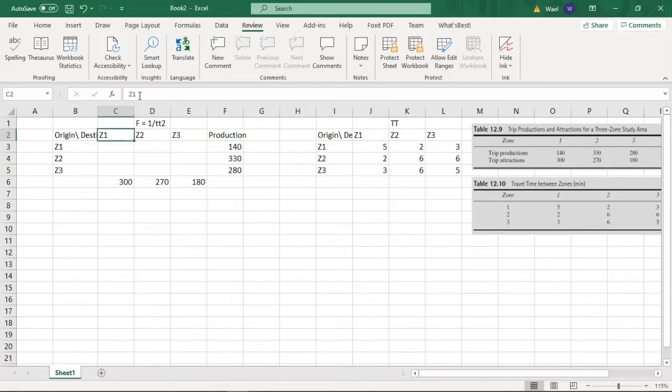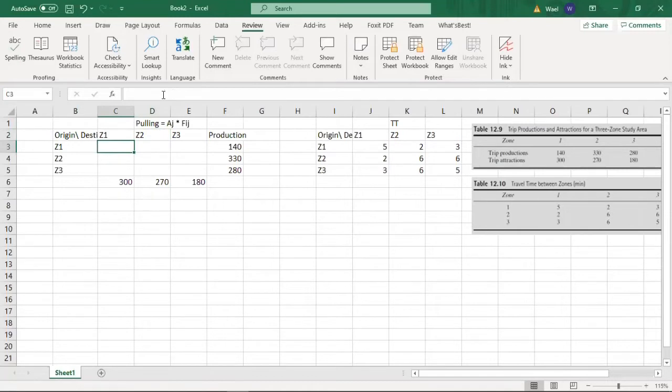And let's multiply it by the attraction to get the pulling force. The pulling force will equal A_J multiplied by F_IJ.